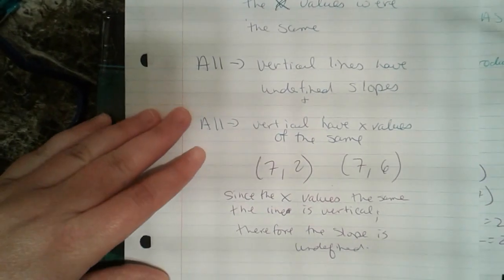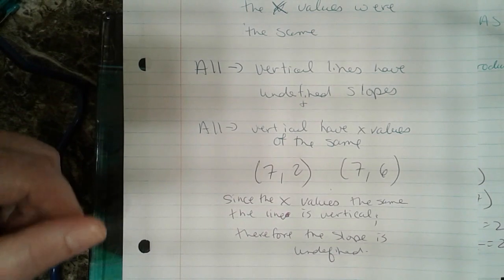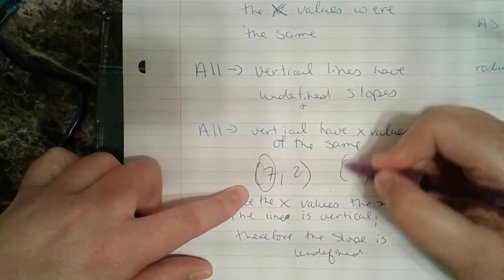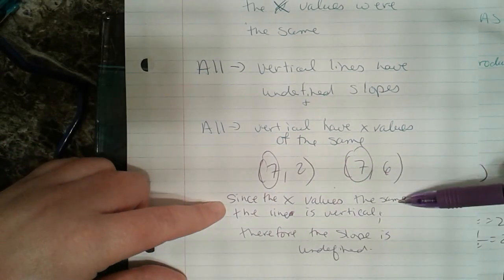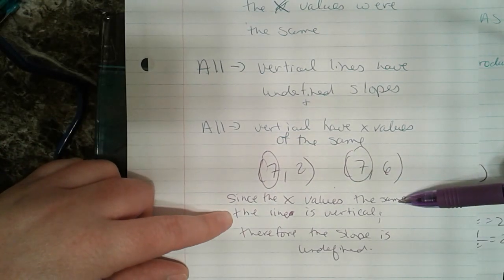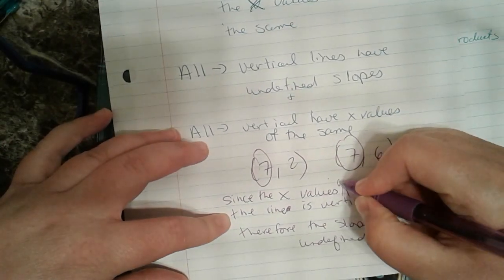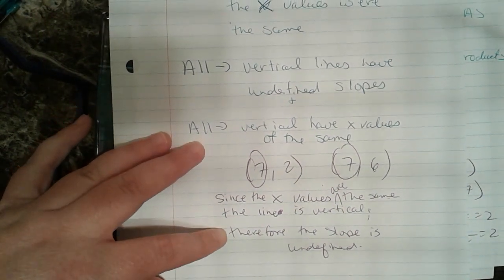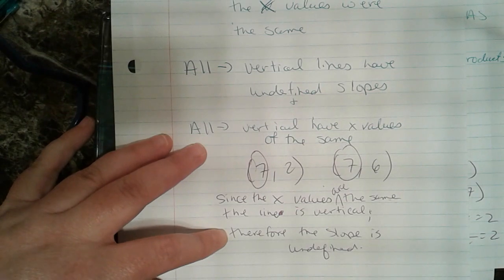And this is exactly what I would put on my paper. If this was a problem on my homework assignment and I noticed that my x values were the same, I would say since the x values are the same, the line is vertical. Therefore, the slope is undefined.